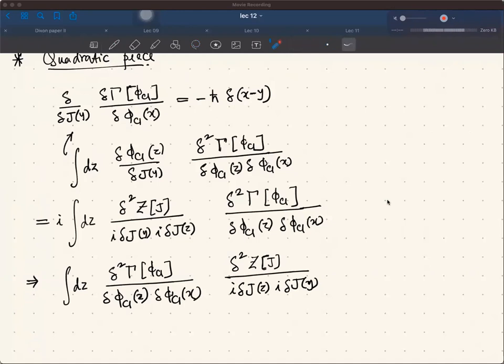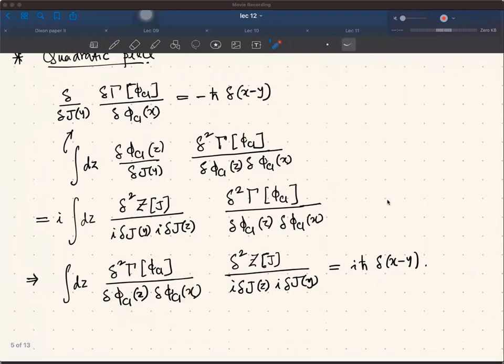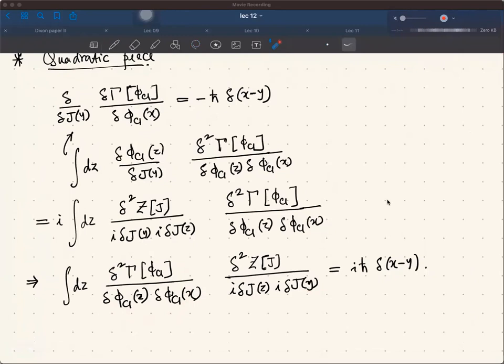So here I have coordinates x and z, here z and y. The z is integrated over, and on the right hand side I have I h bar delta x minus y. You see, this one we know is the connected two-point Green's function, and this is basically the second order derivative of gamma, which has the information of the quadratic piece in gamma. Okay, in some sense, right?